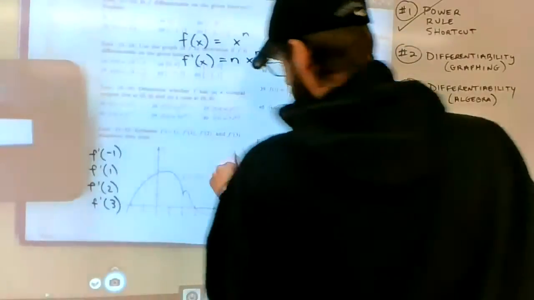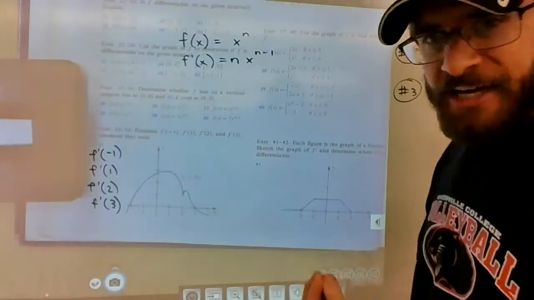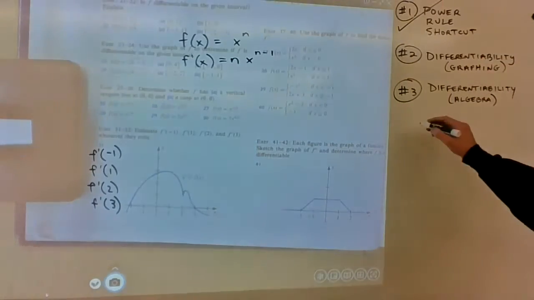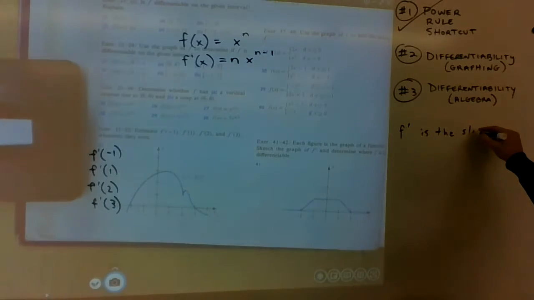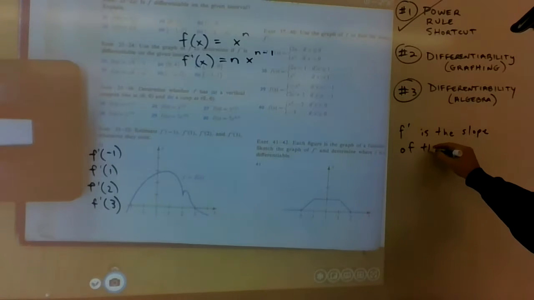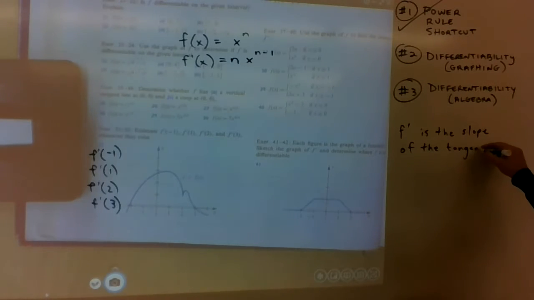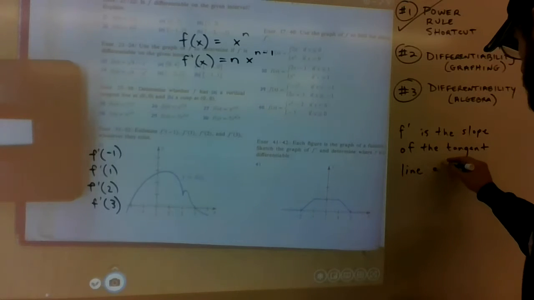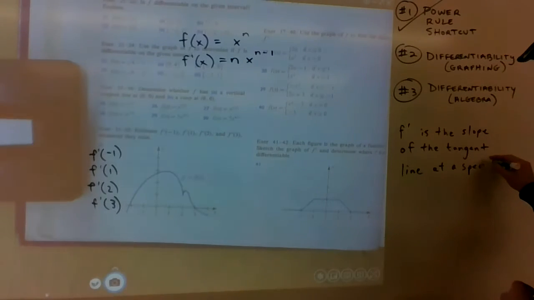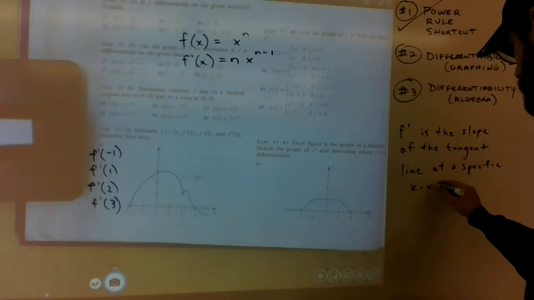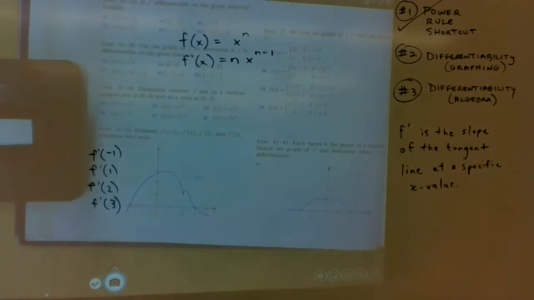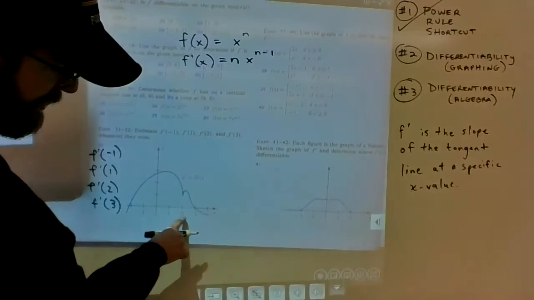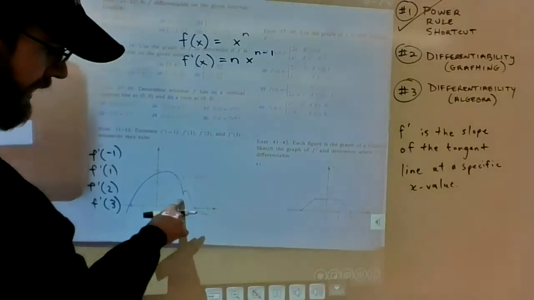And they're just saying estimate things. So remember, f prime is the slope of the tangent line at a specific x value. You might want to write that down somewhere. So right away, we talked about how f prime has issues right here.